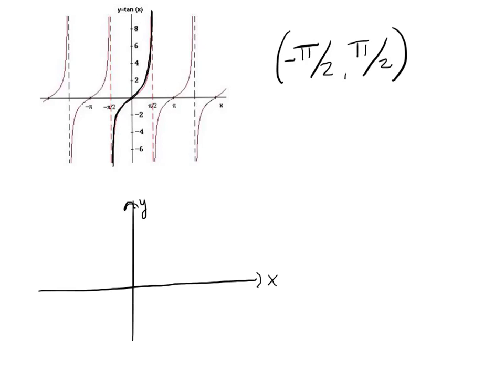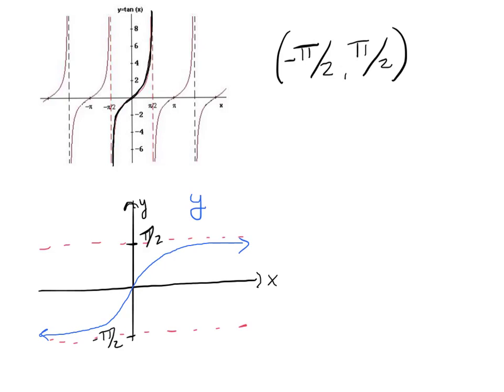So what's going to happen here is that our asymptotes will now be horizontal, and those will be at pi over 2 and negative pi over 2 on the y-axis. And that section will be reflected. It'll still go through the origin, but is going to look like that.